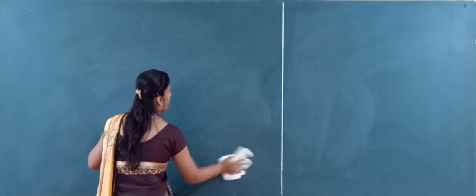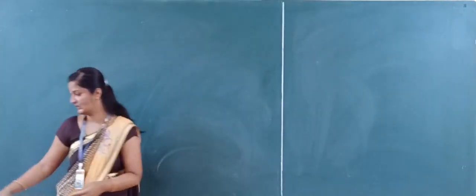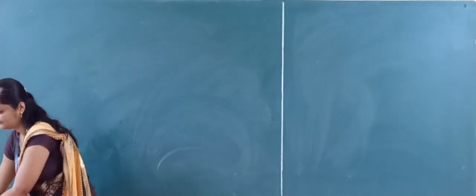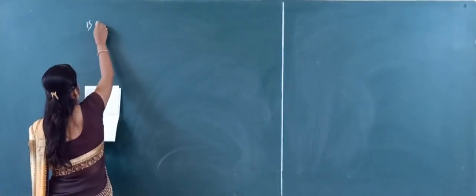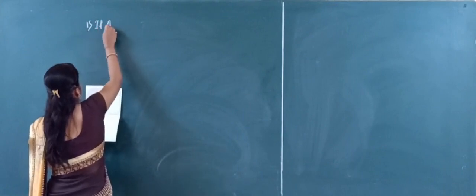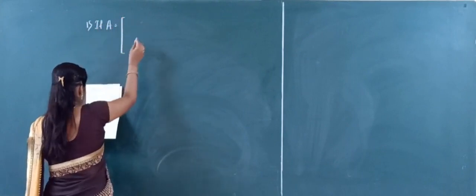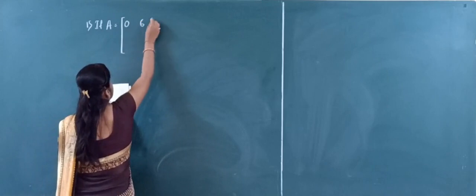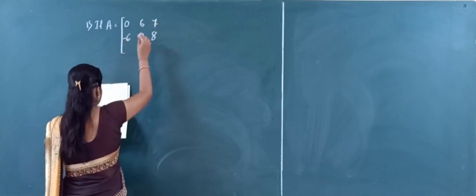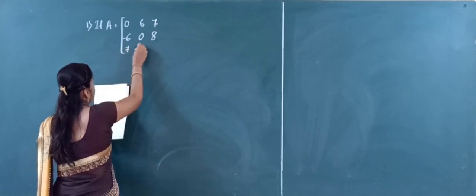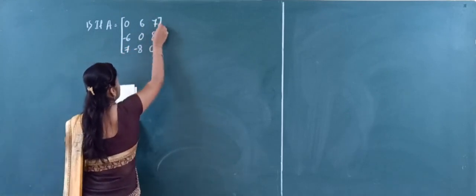So first problem is, if A equal to 0, 6, 7, minus 6, 0, 8, 7, minus 8, 0.